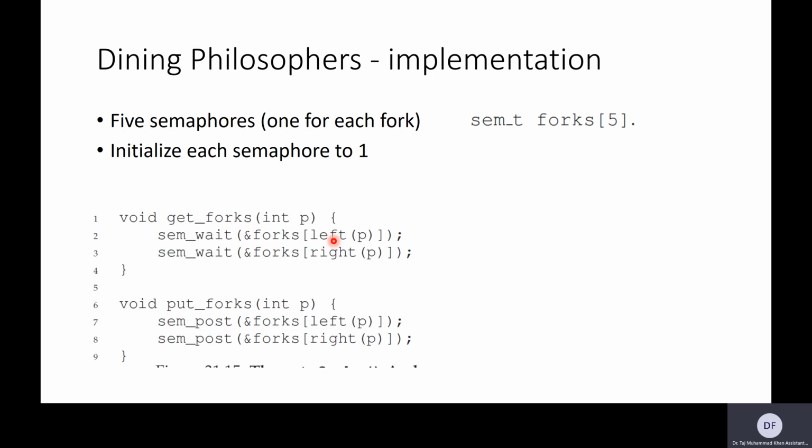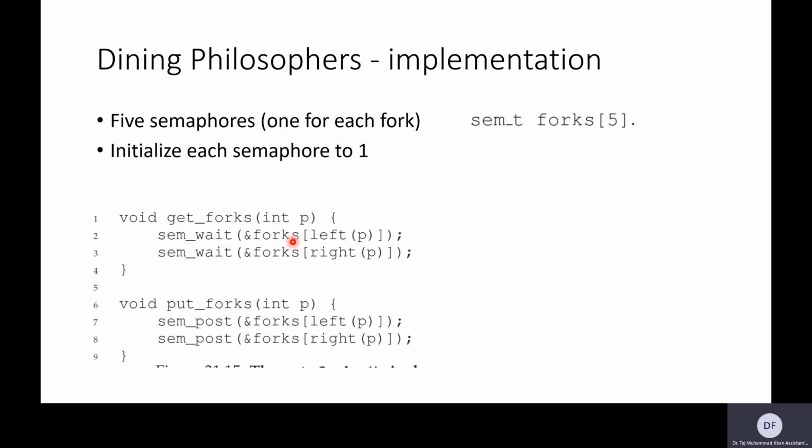If both these forks are free, only then these two sem wait functions will return and our get forks function will return. So returning of both sem waits tells us that we have acquired both the forks, and we can go ahead and eat for that particular philosopher.